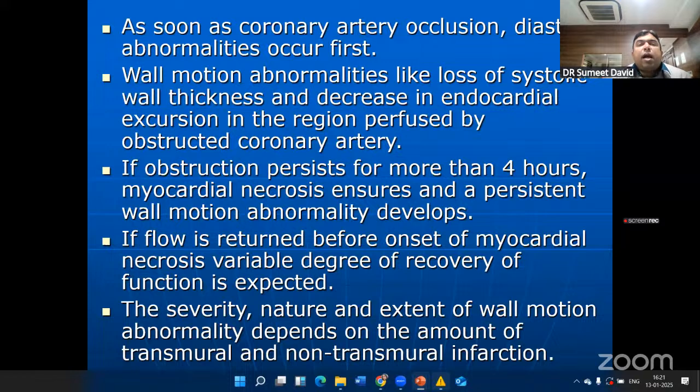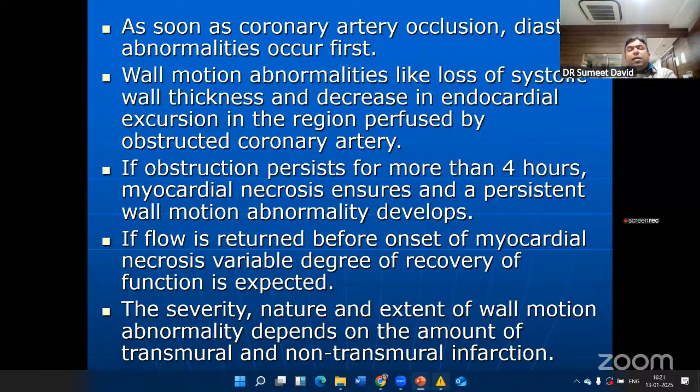Wall motion abnormalities include loss of systolic wall thickening and decrease in endocardial excursion in the region perfused by the obstructed coronary arteries. If obstruction persists for more than 4 hours, myocardial necrosis ensues and a persistent wall motion abnormality develops. So basically, the first 4 hours of chest pain are the most important.